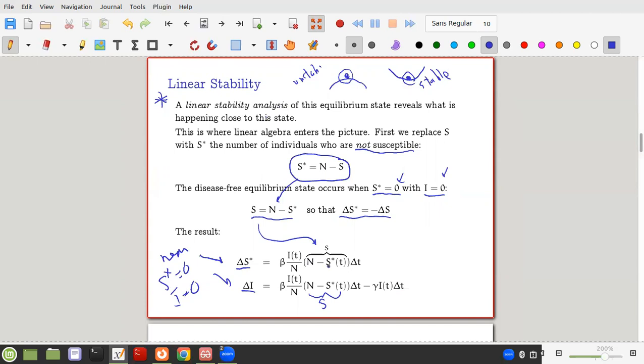It's not going to cancel off in the second term, but it will cancel off in this first term. So in the first term, I'll just have beta I N over N, so I'll just have beta I. With a minus term, it will still be minus beta I S over N. And the same thing happens here. The N's cancel here, and you get that.